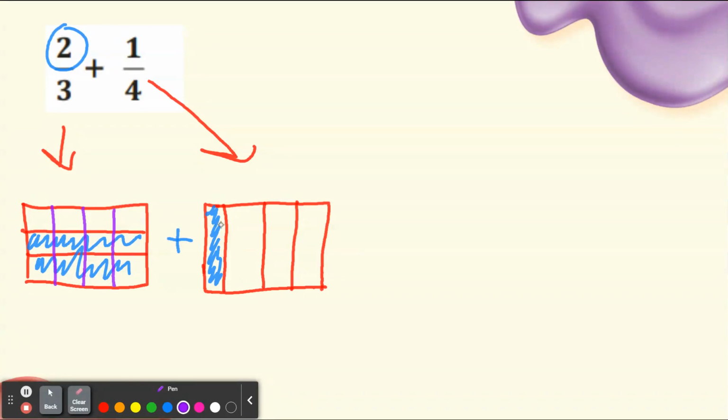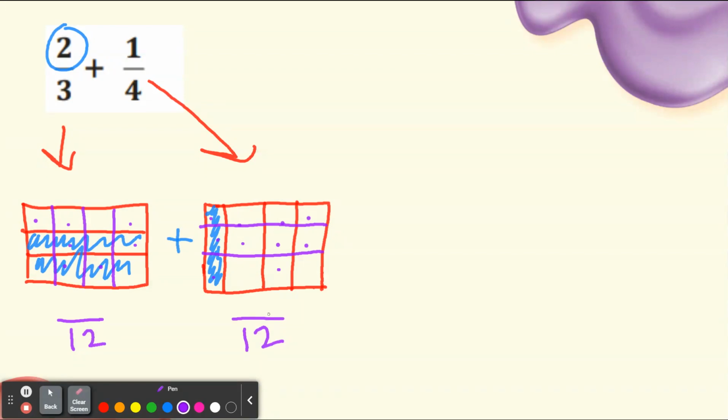Now I can go ahead and take my 1/4, and I can cut that into 3 pieces. So that's going to now give me 1, 2, 3, 4, 5, 6, 7, 8, 9, 10, 11, 12. So I have 12 pieces. I have 1, 2, 3, 4, 5, 6, 7, 8, 9, 10, 11, 12. So now I have 12.